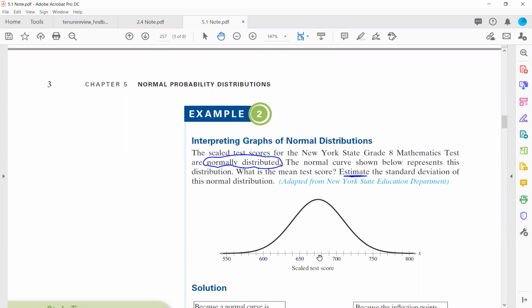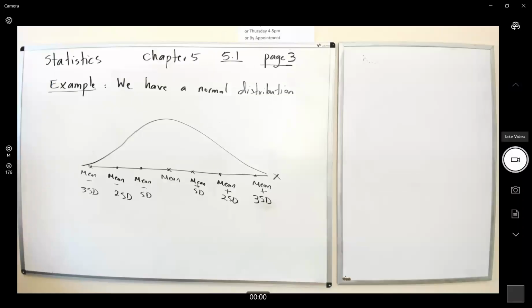How do we get 675? Okay, an estimation, thank you. 700 to 650. It's going to be in between.